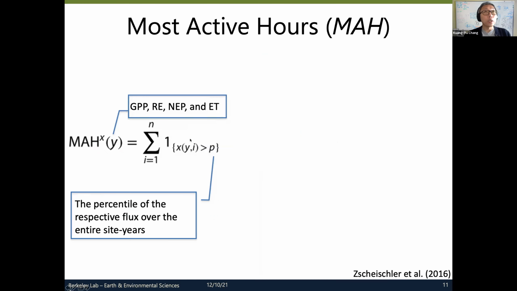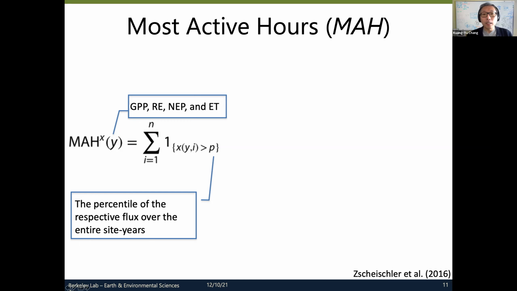To do that, we apply the most active hour framework to identify the number of hours that are most relevant to seasonal water use efficiency. So MAH is defined as the number of hours above the percentile of the examined metric over the entire measurement record at a given site, which can be GPP, ET, or water use efficiency in our analysis.